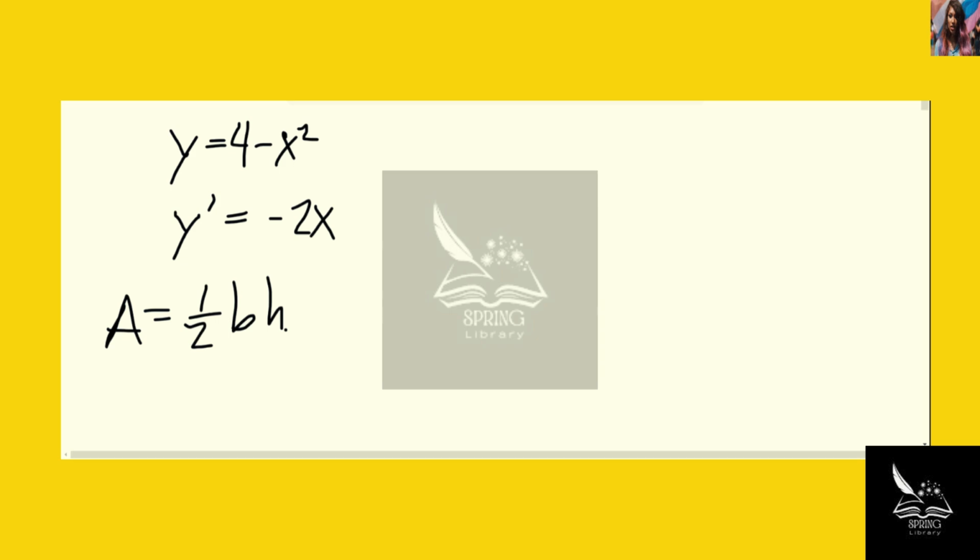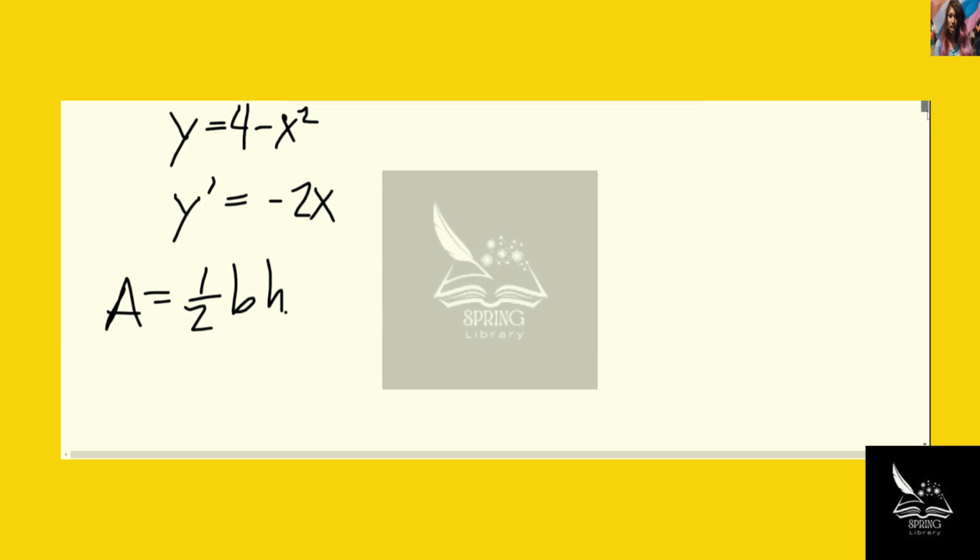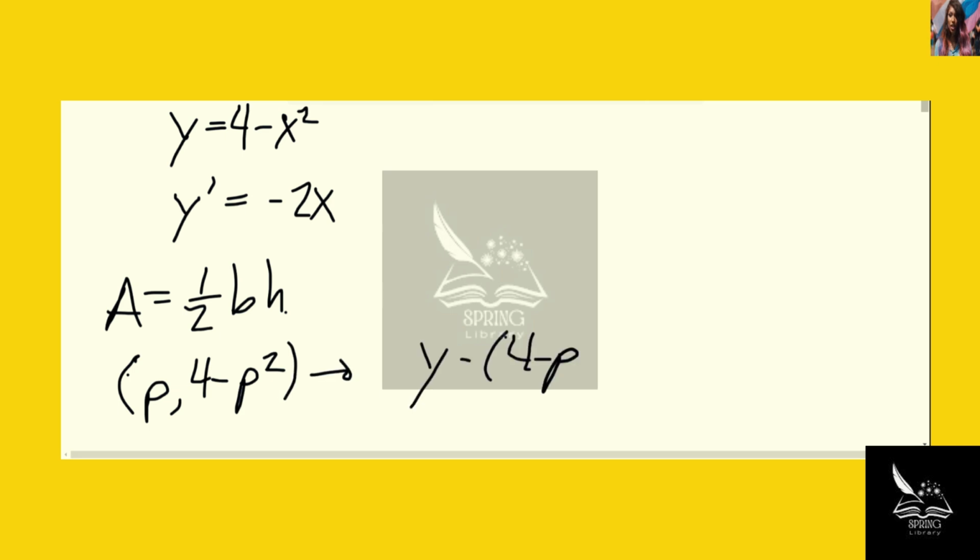Now we know that the tangent line to y equals 4 minus x squared at some point, let's say x equals p, contains the point p, 4 minus p squared, and so the tangent line is y minus (4 minus p squared) equals the slope, which is negative 2p, times x minus p.